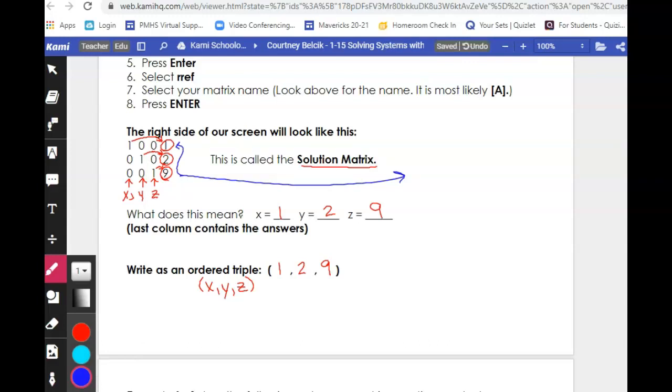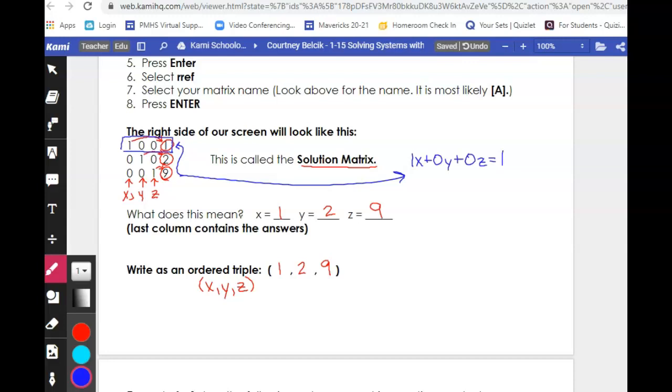Remember that those numbers are the coefficients and the constants. So if I am looking at this row, the coefficient is 1x plus 0y plus 0z's equals a constant of 1.